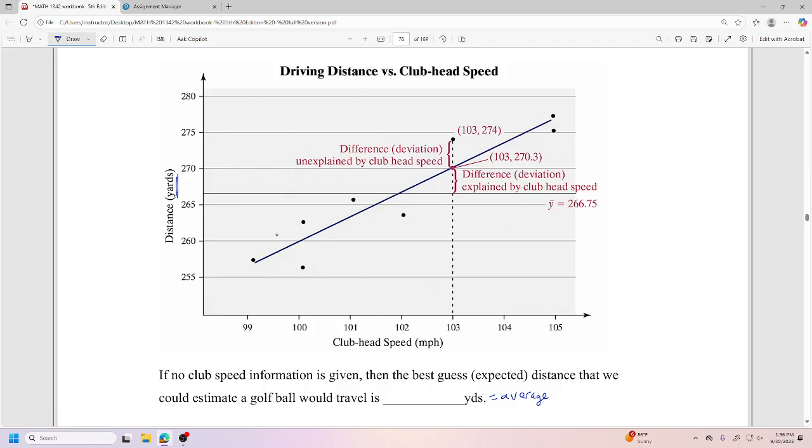It's this line right here. It's this number right here. You see how it says y bar? That bar part, that's y bar. It means average. So if they say there's no club speed information given, you would just put in that number, 266.75. On the homework, it'll just give you a picture. You put that number in, you're done. Okay? It's very simple.